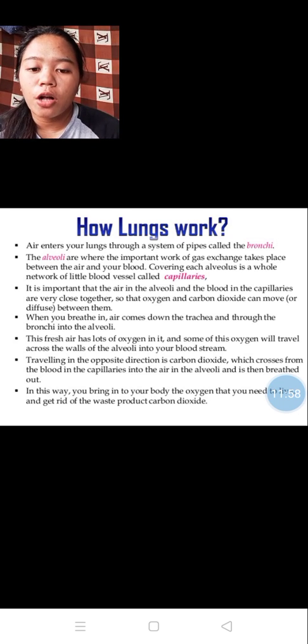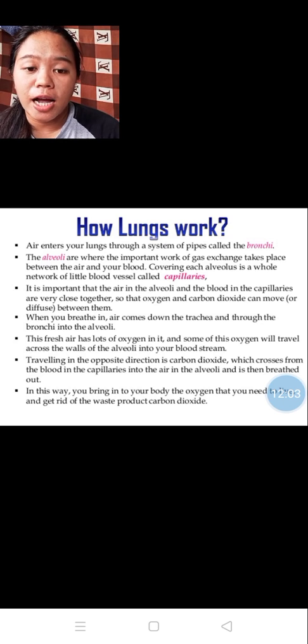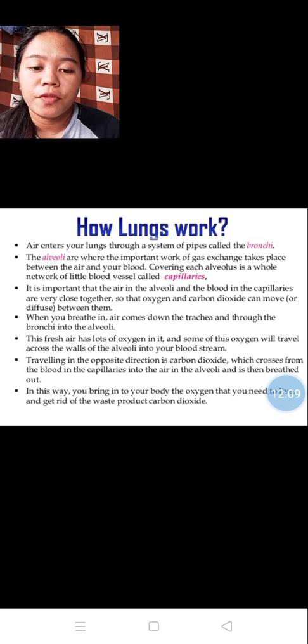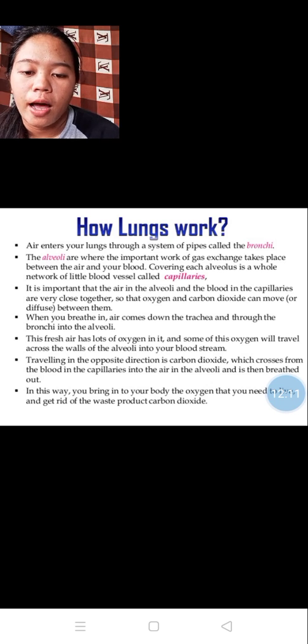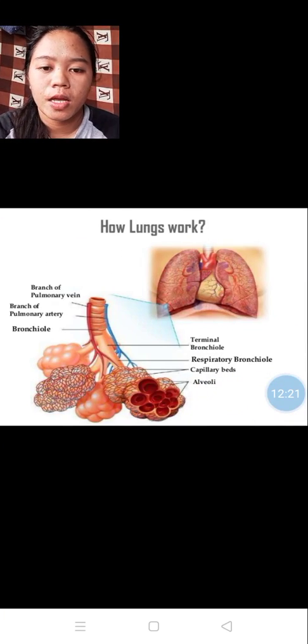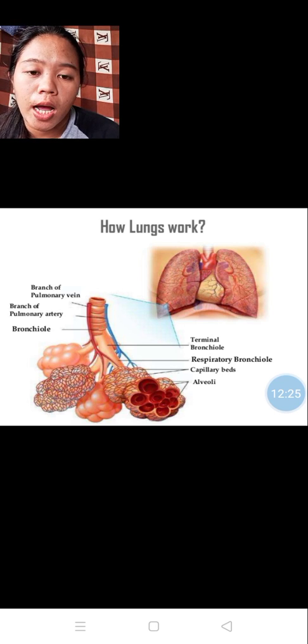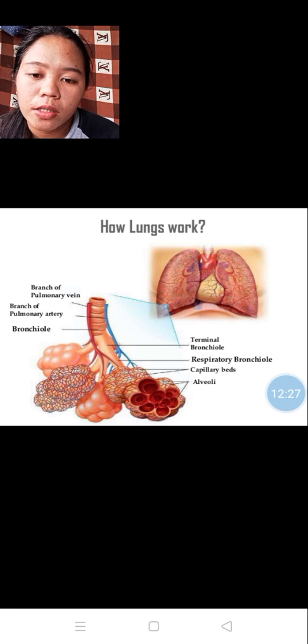Traveling in the opposite direction is carbon dioxide, which crosses from the blood in the capillaries into the air in the alveoli, and then it is breathed out. In this way, you bring oxygen into your body and get rid of the waste product, carbon dioxide. Here we have the diaphragm, which shows how the lungs work.